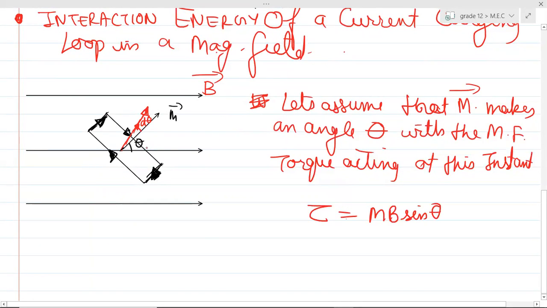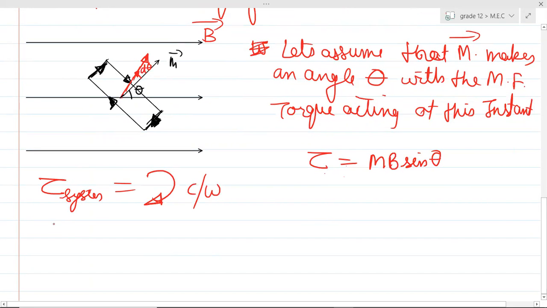Yes or no, guys? Can you see the torque by the system is acting clockwise? Can you do M cross B? Can you see if your fingers are curling in the clockwise direction? So basically, the torque due to the external agent will be anti-clockwise.